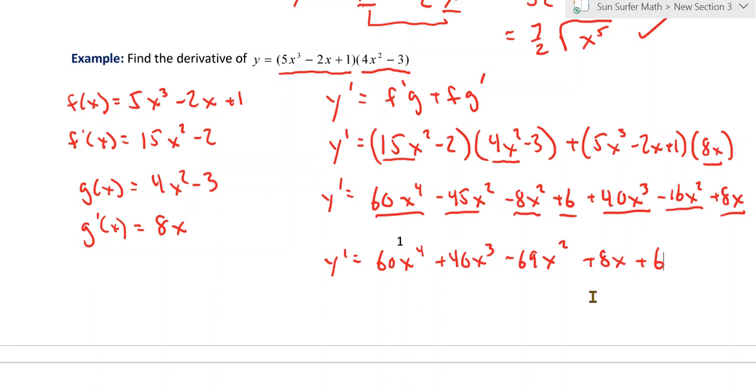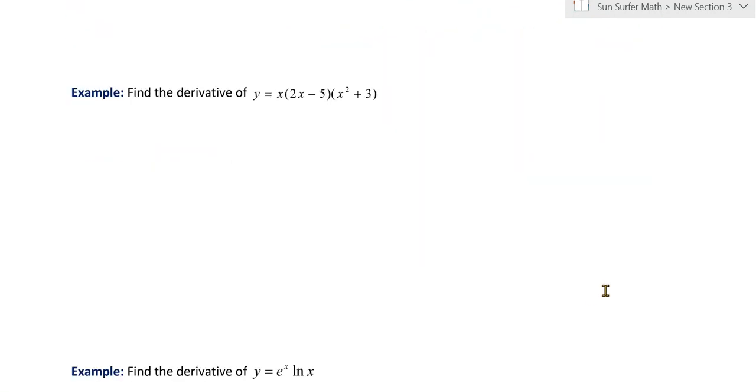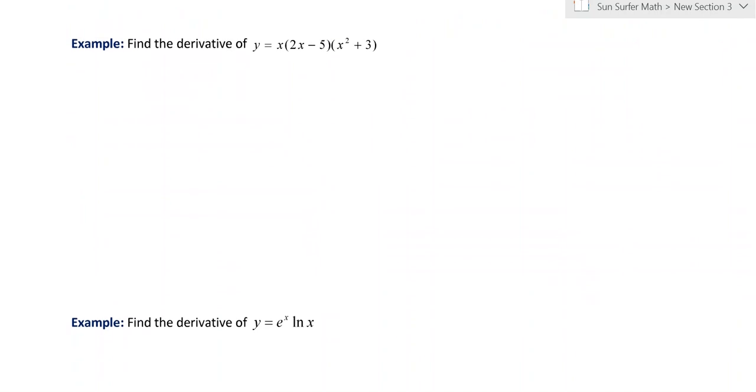The next example. Now, in this example, we actually have 3 functions. So if you have 3 functions, what I would suggest that you do is just multiply 2 of them together. So I'm going to multiply x times 2x minus 5. And I'm going to rewrite this function then as y is equal to 2x squared minus 5x times x squared plus 3. And then I'm going to make this my f and this my g.